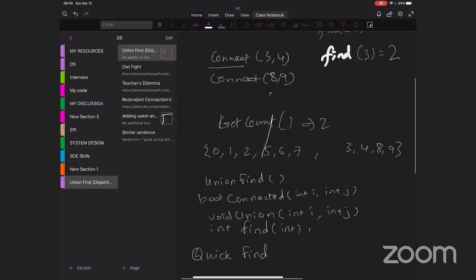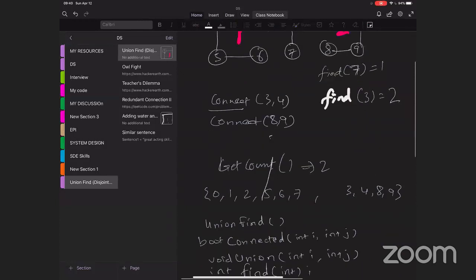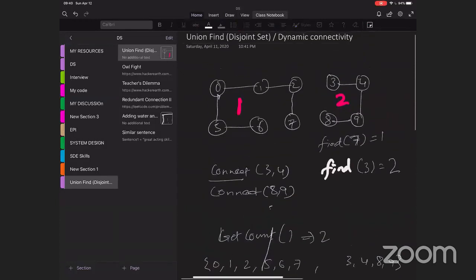Can you quickly tell me about the union? I missed it. What does the union function do?